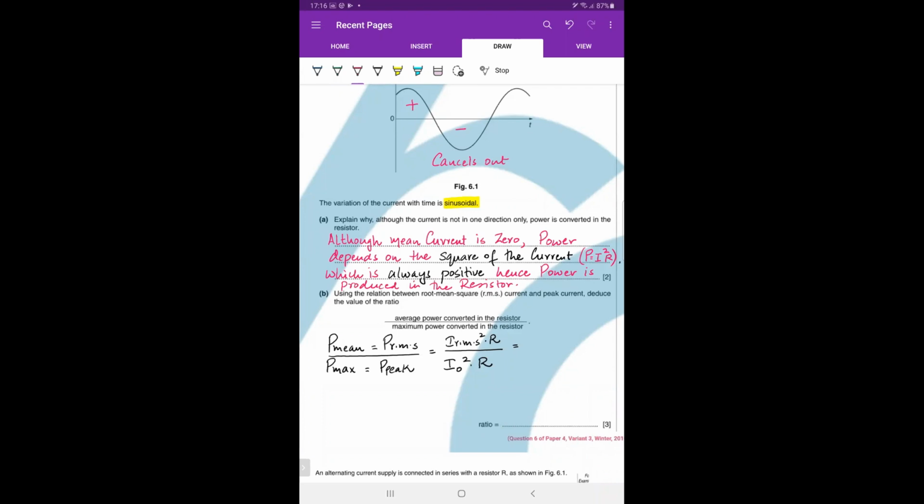So in place of IRMS, I can replace the term I naught upon under root 2 square. So this is what I end up with. And if you cancel out the terms and simplify the working, you will get the final answer as 1:2.